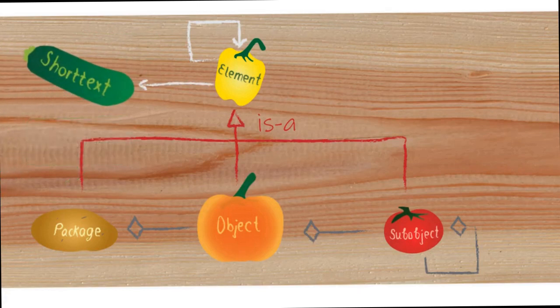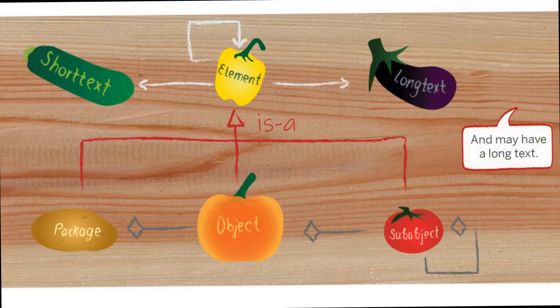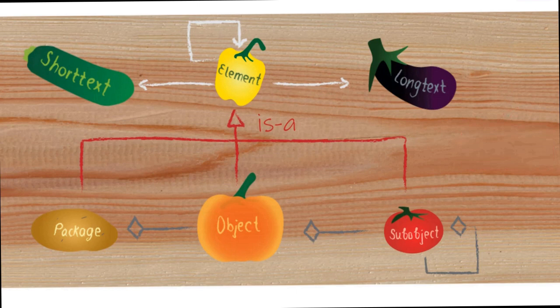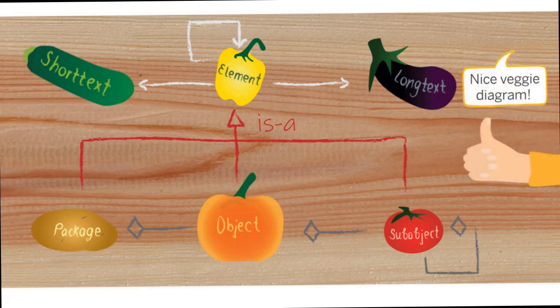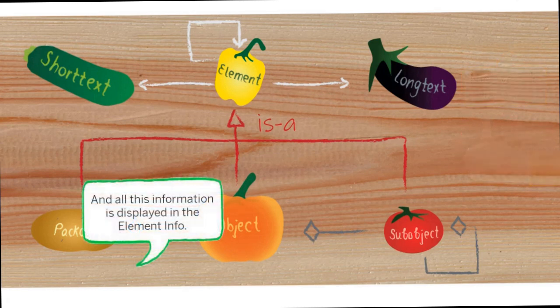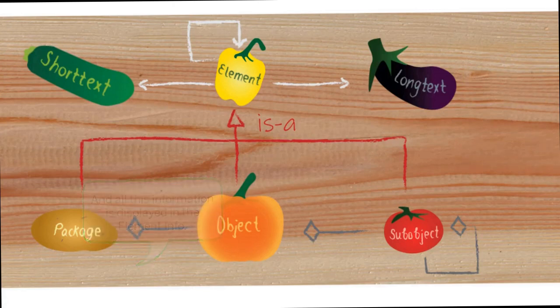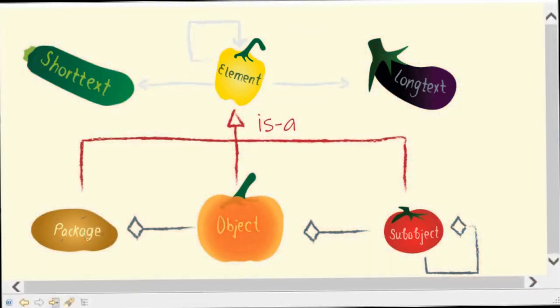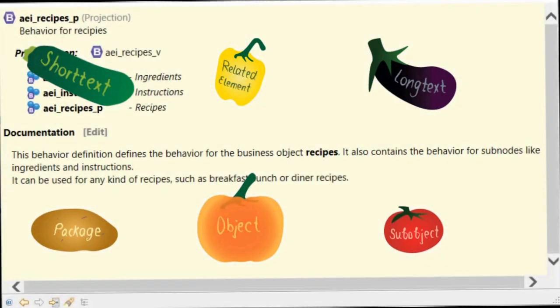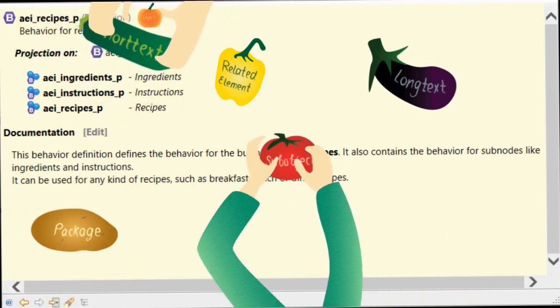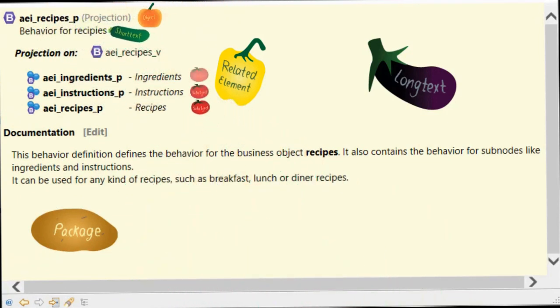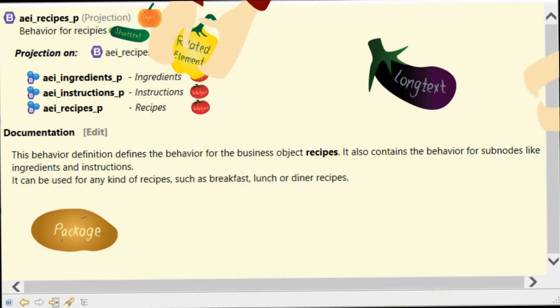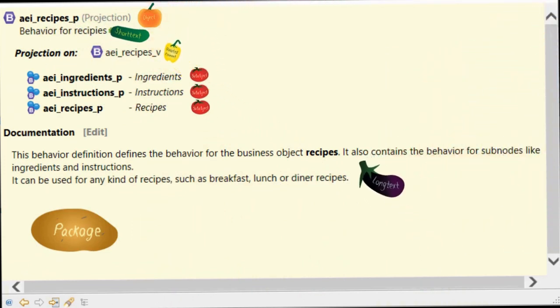and a long text. For example, let's take the element as a design, and the long text can be nice veggie, and all this together is called element information. Let's map it to the recipe. The recipe is an object, and the short text is its behavior, and the ingredients, instructions and recipes will be objects and sub objects.